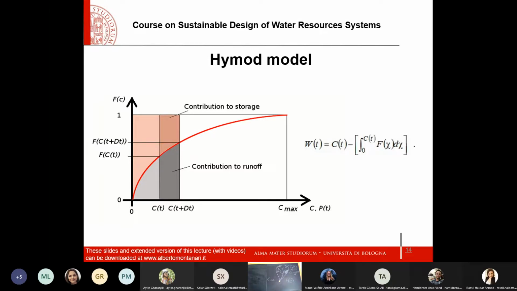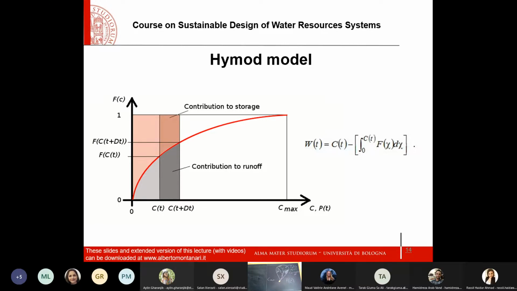The gray area below the red curve is the product of rain times the fraction of the catchment that is saturated. So if this fraction is, let's say, 0.5, you have rain times 0.5, which is half of the area of the catchment.